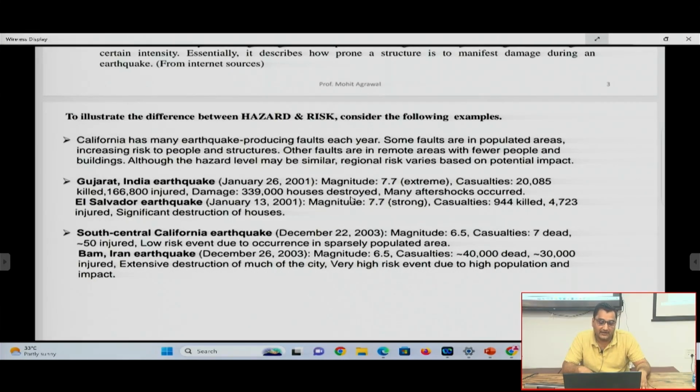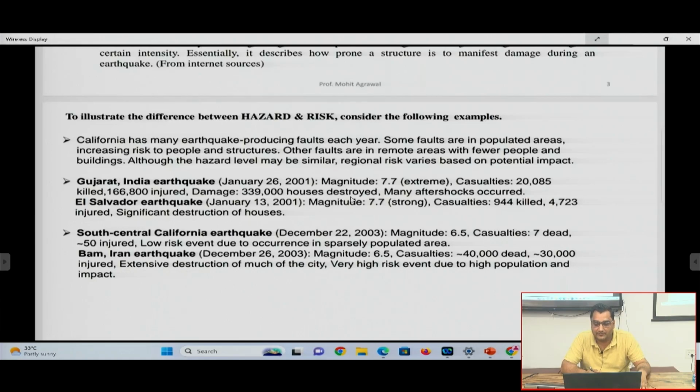Likewise, you can take the example of the South Central California earthquake in 2003, magnitude 6.5. Only 7 casualties happened, and 50 were injured. It was a low risk event due to its occurrence in a sparsely populated area. And if you compare it with another earthquake that happened in Iran, famously known as the Bam earthquake in 2003, the magnitude was also 6.5. The casualties were much more.